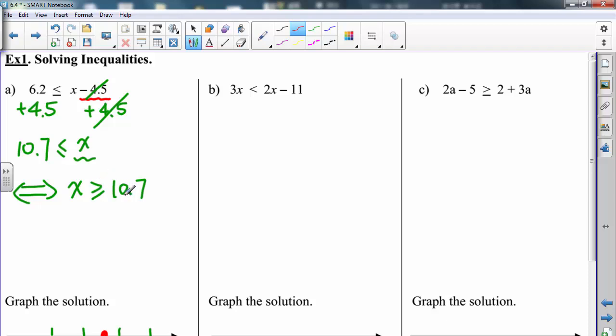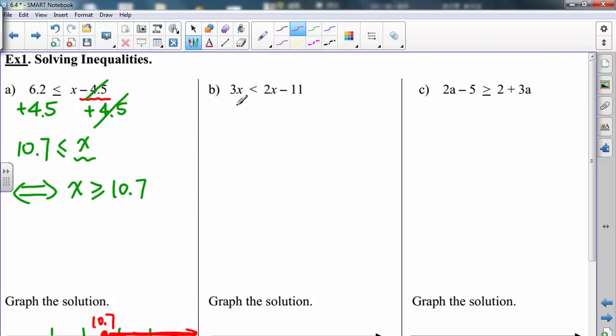X is larger than, so the rest of the numbers should be larger. So I will highlight the right side of 10.7 all the way to the far right. This part is the graphic solution for the inequality.